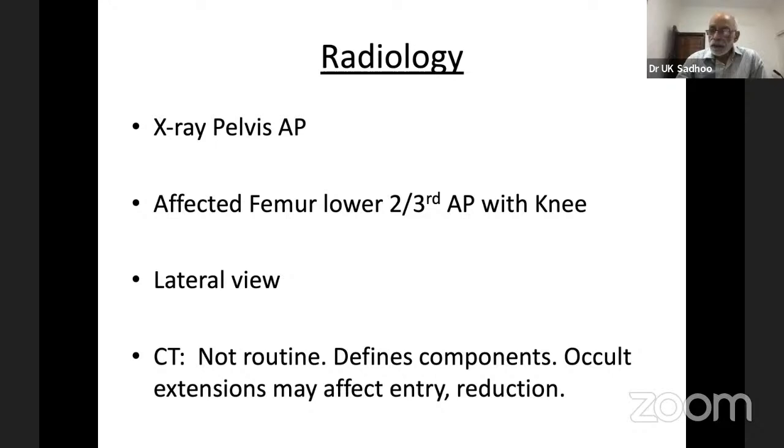Lateral view is not always easy, but it is of help to see what kind of bend there is in the distal anterolateral aspect of the femur, and whether a nail could negotiate that or not.